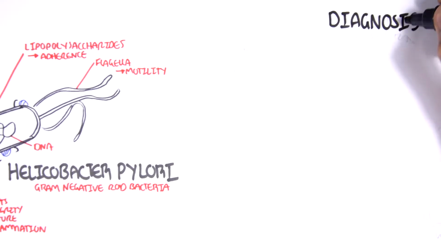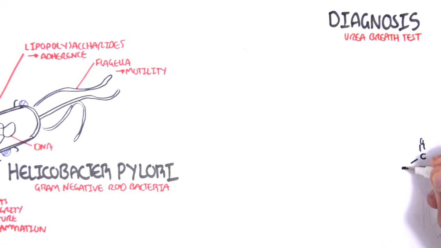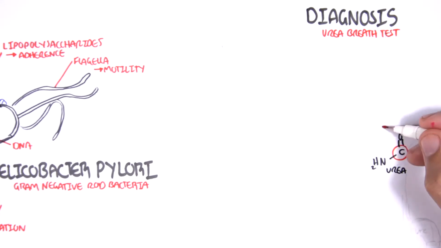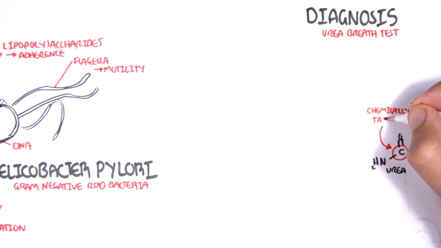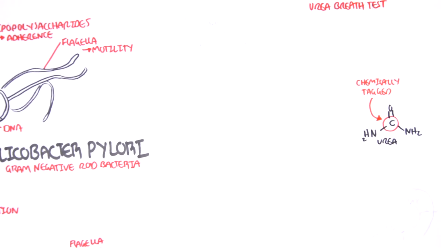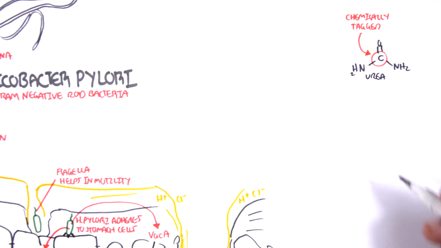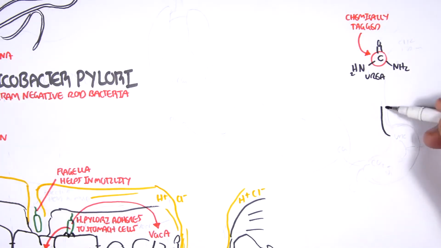Now, to diagnose an H. pylori ulcer, we use a urea breath test. A urea breath test is essentially when a urea chemical is tagged. The carbon of the urea chemical is tagged.